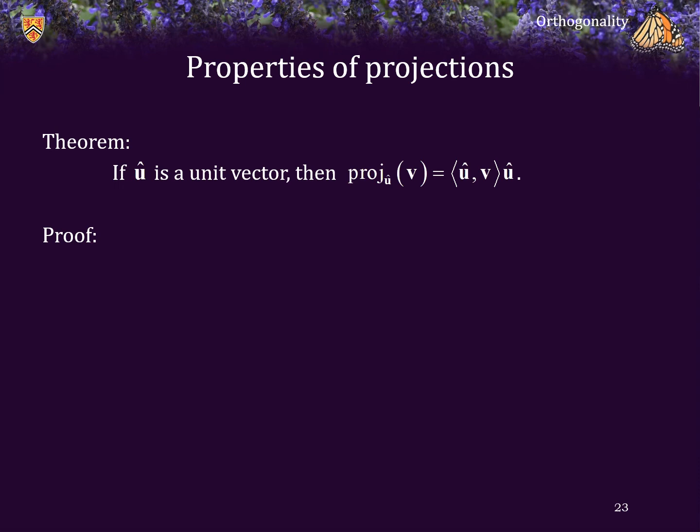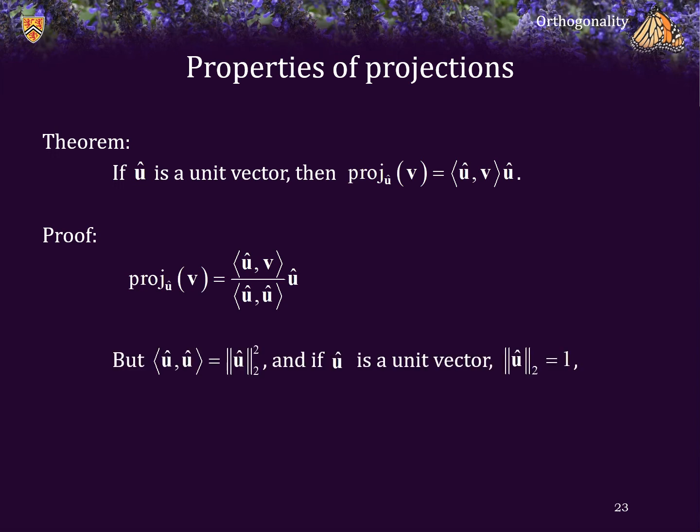Proof. Well, this is by definition the projection of v onto u cap, but the inner product of u cap and itself is equal to the 2 norm squared of u cap. And if u cap is indeed a unit vector, then the 2 norm of u cap must be equal to 1. Therefore, the 2 norm squared is also equal to 1.